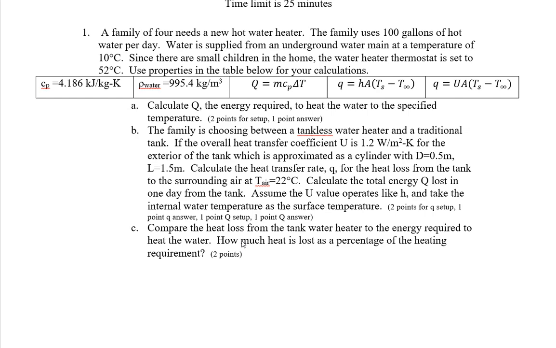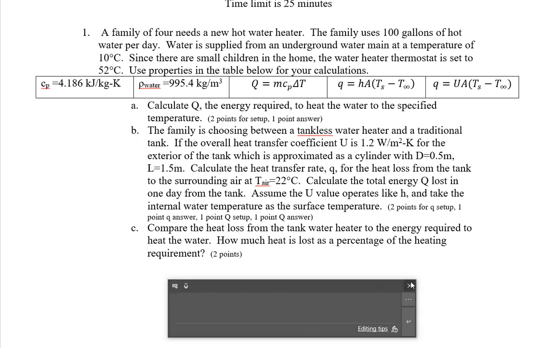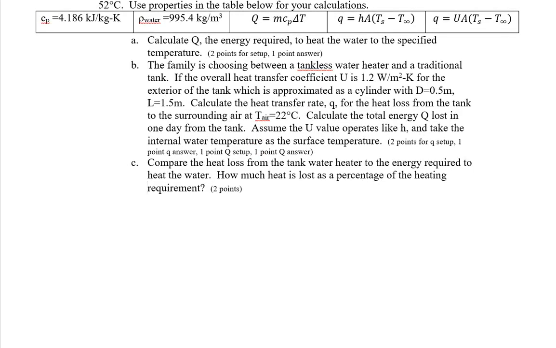So looking at part A, I didn't specifically tell you you could do this, but if we're looking on a per day basis, we can do Q is m c_p delta T, where our m is going to be 100 gallons, and from our conversion sheet, which I gave you, 264.17 gallons gets us 1 meter cubed.